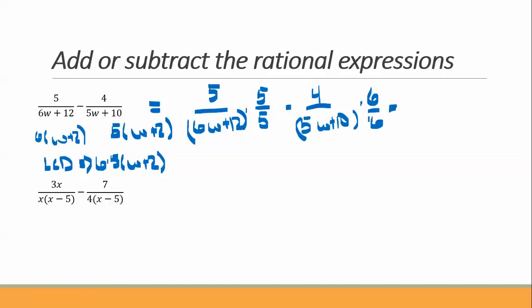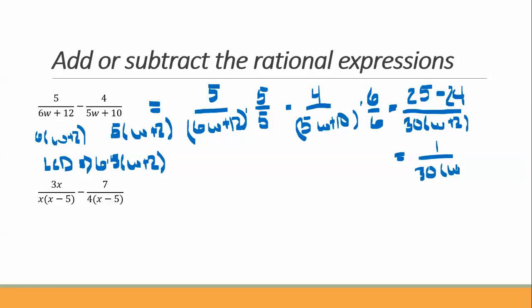So now we're going to do 25 over, we can leave it factored as 30 times w plus 2, 25 minus 24 over 30 times w plus 2. 25 minus 24 is 1 over 30 times w plus 2. So that one's done.